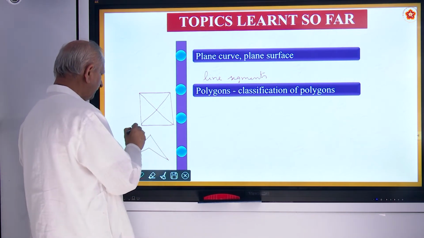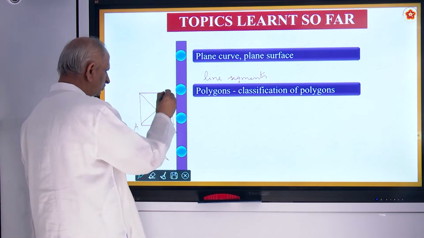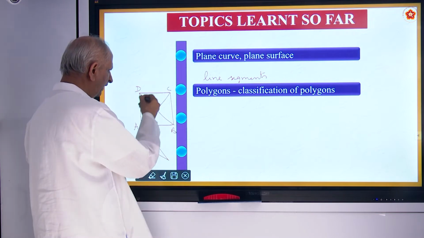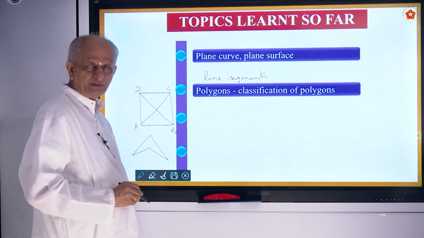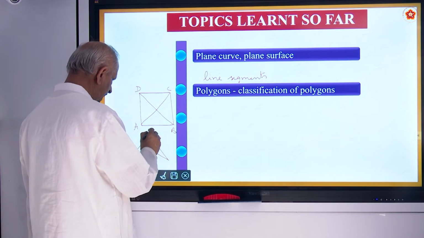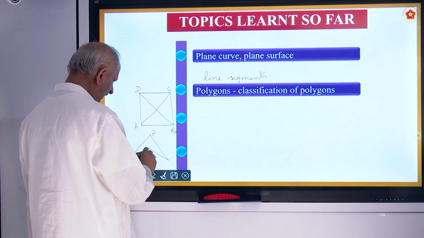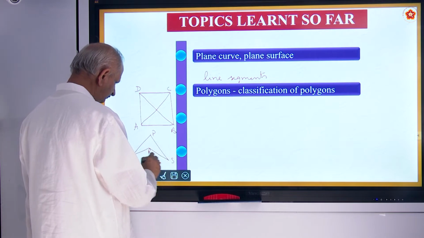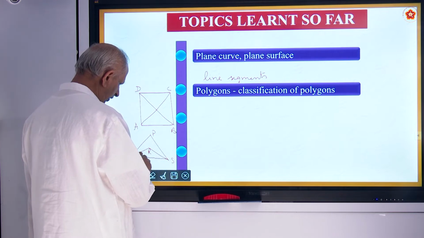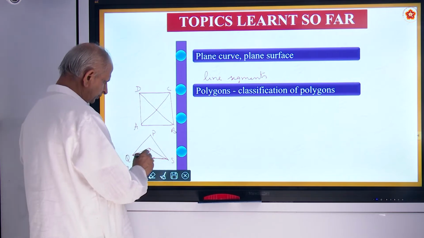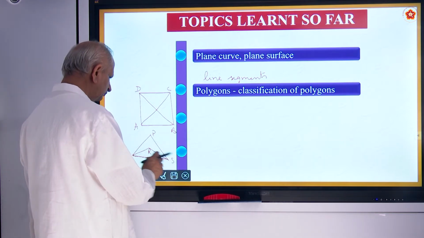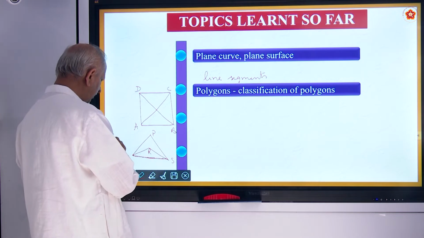So here, if ABCD is this, it is called convex polygon, because the 2 diagonals will be inside the polygon. This is called concave polygon, because one of the diagonals will be outside, like this. So this diagonal is outside the polygon, and therefore we call it a concave polygon.